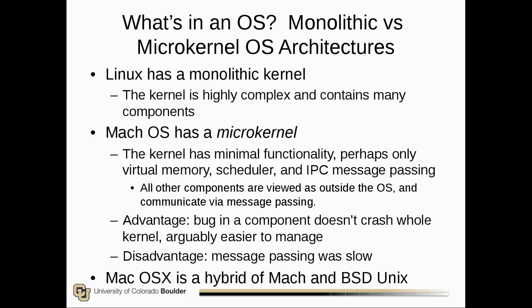The microkernel has minimal functionality, perhaps only virtual memory, scheduler, and inter-process communication through messages. The big advantage here is that it's super easy to manage and doesn't crash very often, but the message passing is very slow. We'll see what that means as far as the distinction between monolithic and microkernel a little bit later. Mac OS X actually is a hybrid of Mach and BSD Unix.